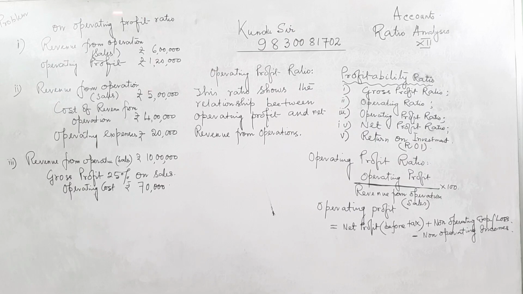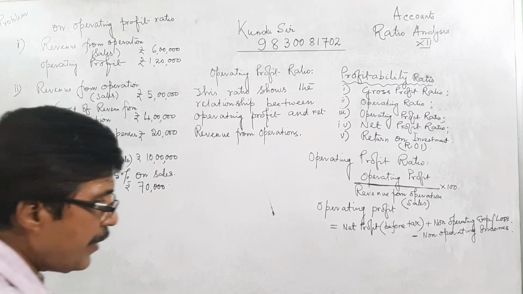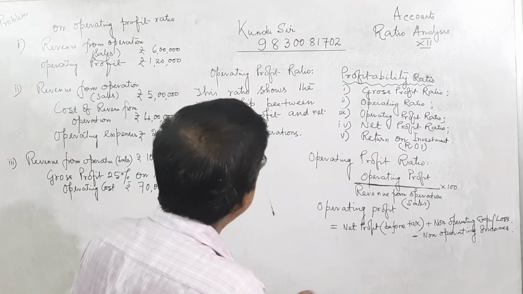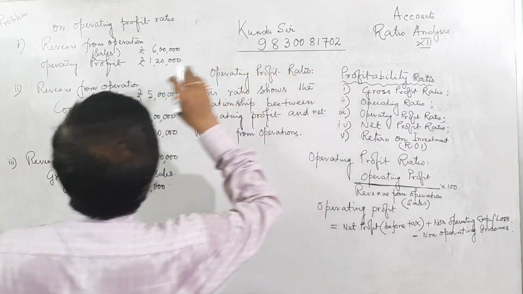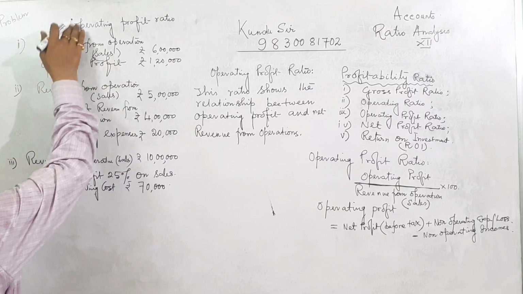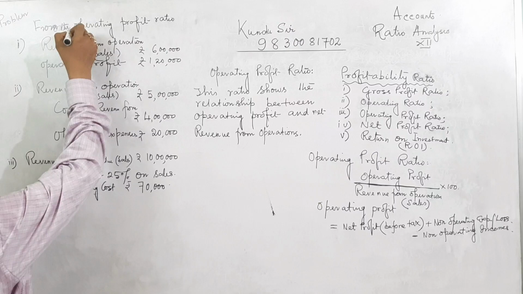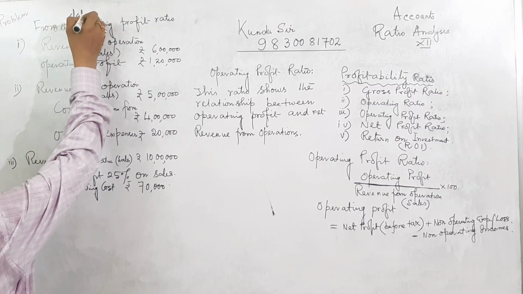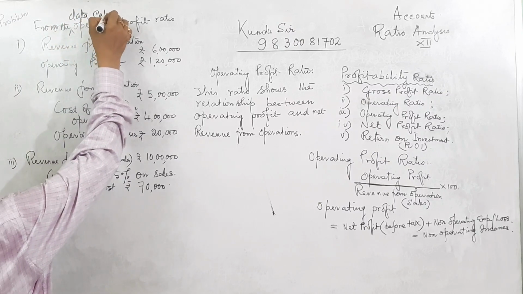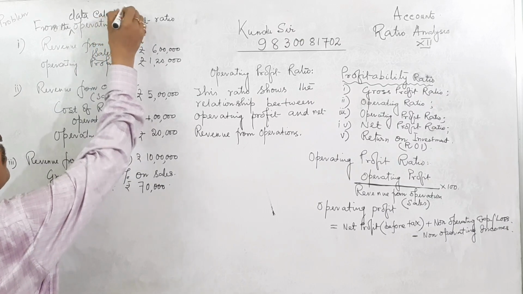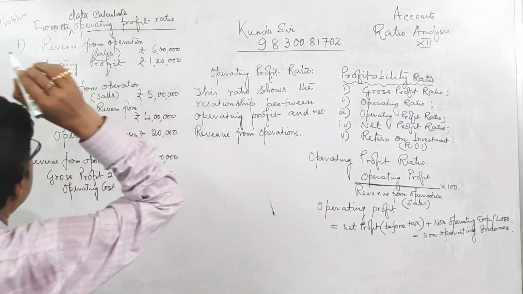One basic example is taken here on operating profit ratio. From the following data, calculate operating profit ratio.